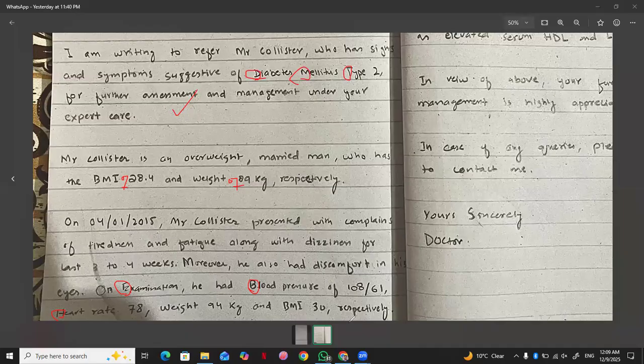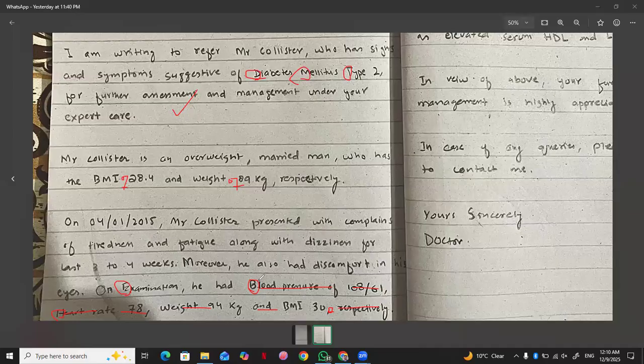See, respectively, it's something you can write with two things or three things, but you can't just write the whole bunch of information and write at the end it's respectively. And here you don't need to write respectively, because you're mentioning BP is this, heart rate is this, weight is this. So there is nothing respectively. If you would have written blood pressure, heart rate, and weight, and then written the values like 108 over 61, 78, and 94, then the word respectively could have been written, right?